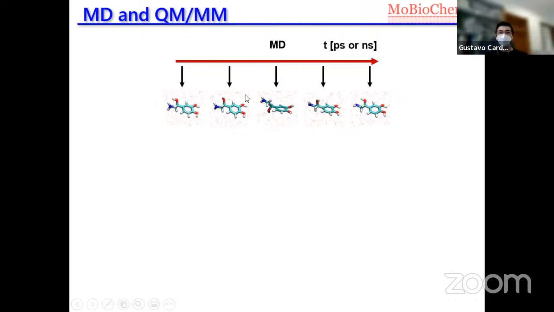Now, of course, the entire simulation is going to be far more expensive than with a classical force field, and these are attainable at most at the picosecond time scale. So that's why I emphasize this. We are going to have a trajectory, and this trajectory could have been obtained either through a classical MD simulation or a quantum mechanical, molecular mechanical MD simulation. Now we're going to do both things in this tutorial.